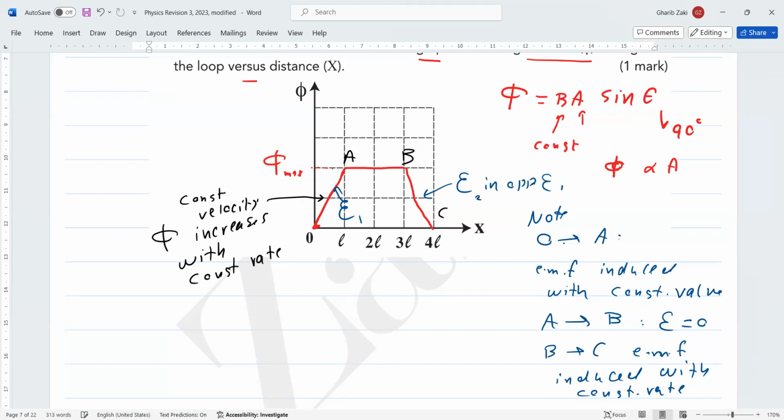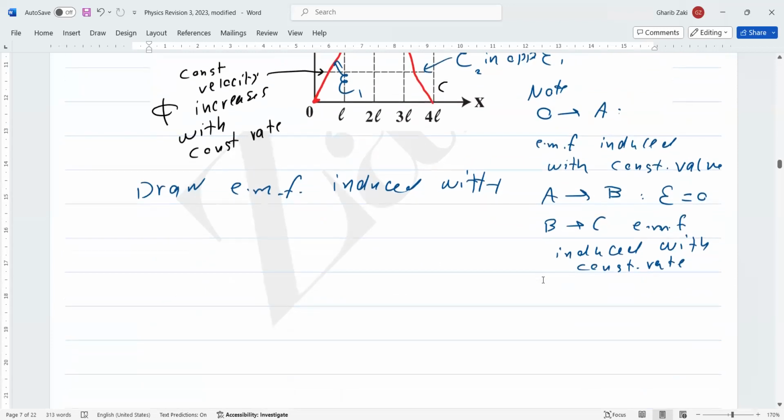Now, if he said, draw the induced EMF with time, take care, how can we do this? Look, please. We need to draw the induced EMF. This is the time, and this is the induced EMF.